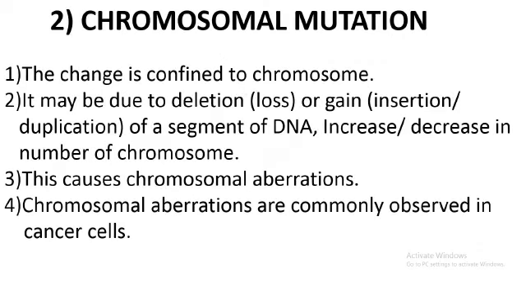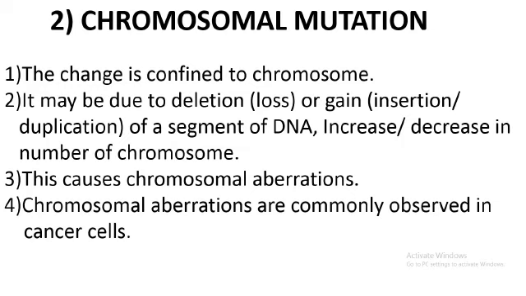So now let us go for the second type of mutation, that is chromosomal mutation. A change in chromosome causes chromosomal mutation. Again this is caused due to deletion or addition of a segment of DNA. Already I have told you chromosome contains DNA.